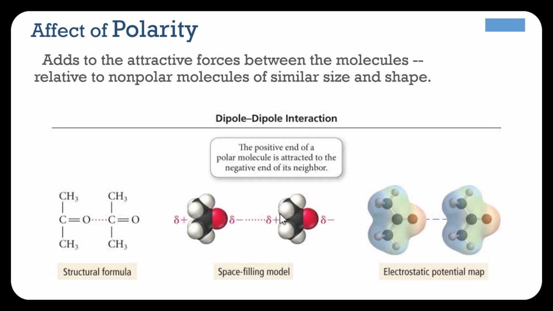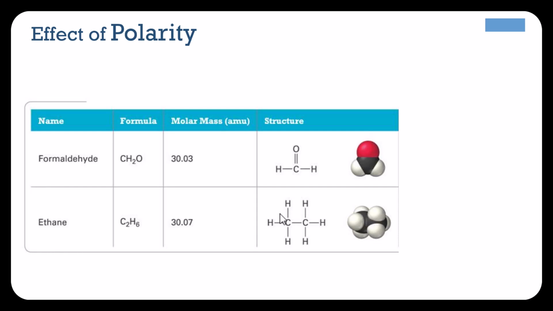Okay. So let's start to look at how this might be asked in a question on a test or a quiz. So here we have two molecules, okay? So I might say, here is formaldehyde, and I would give you this structure, of course. Here is ethane, and I would give you this structure.